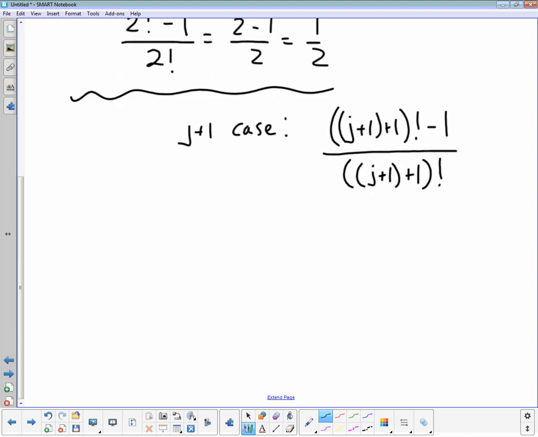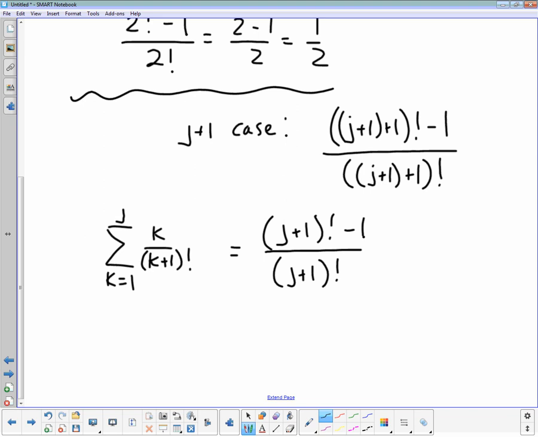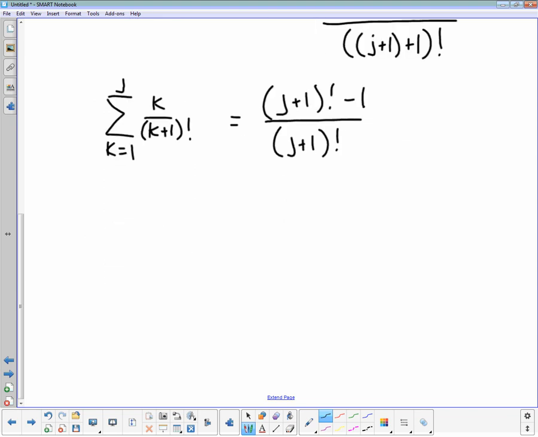To do that, we begin with the assumption, which is j plus 1 factorial minus 1 all over j plus 1 factorial, and then this becomes, so I'm going to change my bounds on the left by adding the j plus 1 term.